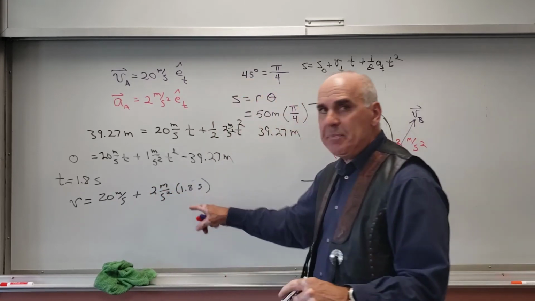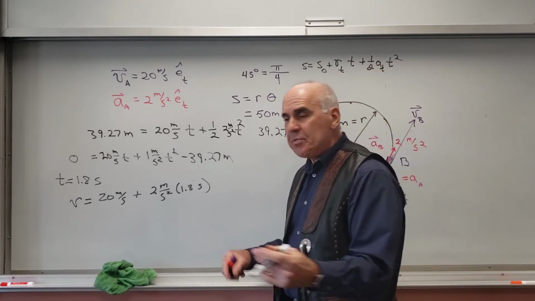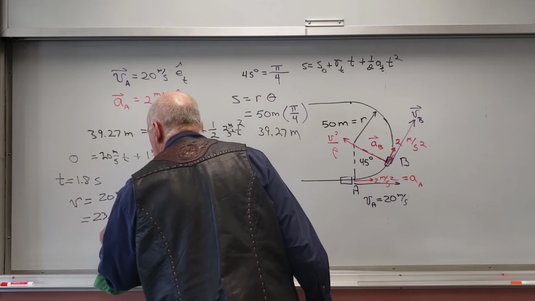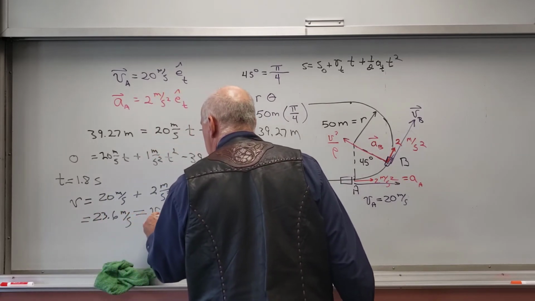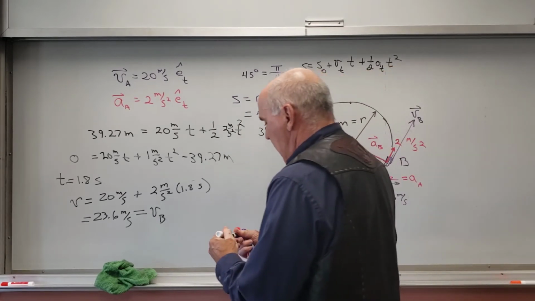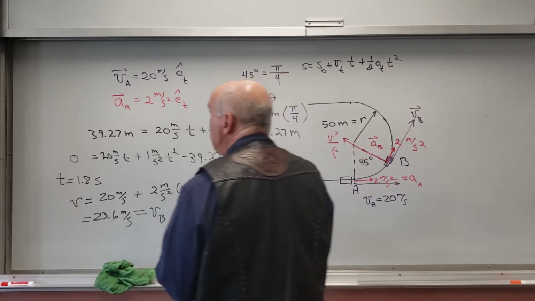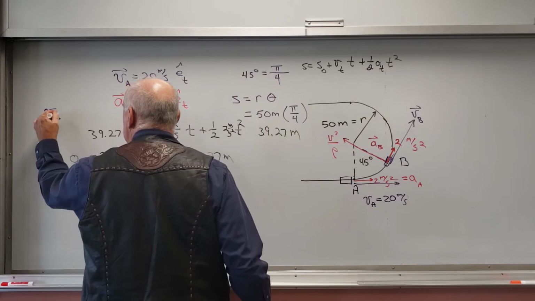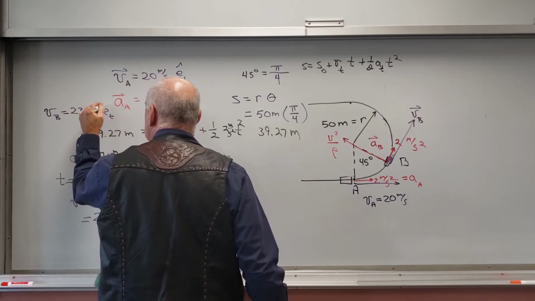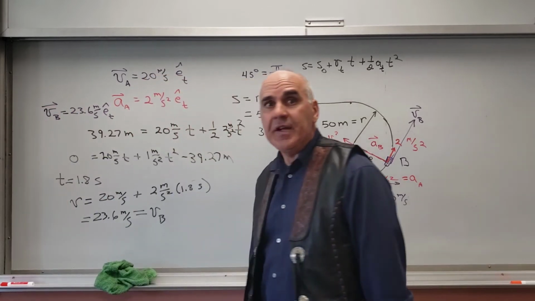And so that's going to be 3.6, and so I get 23.6 meters per second. So that's my speed at B, and it's all tangential. So if I want, I could write the velocity at B. The velocity at B equals 23.6 meters per second e tangential. And so there's the vector value.